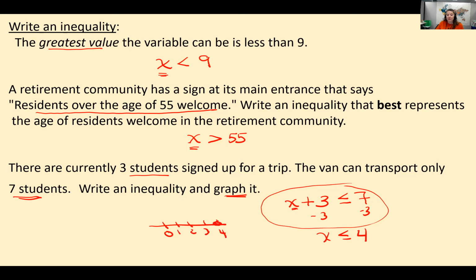So I would put a solid dot there. My arrow would go left. Now notice I'm not going into the negative numbers. Why? What does X represent? X represents the number of students that can still sign up. There's no such thing as a negative student. So this is my entire solution set.